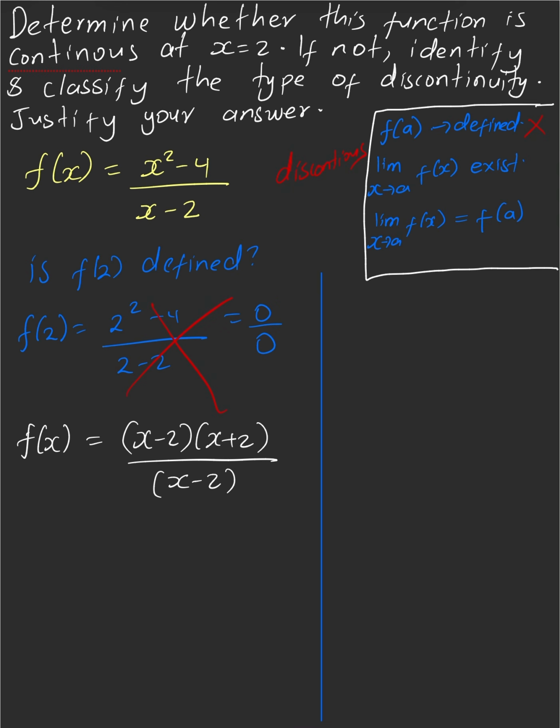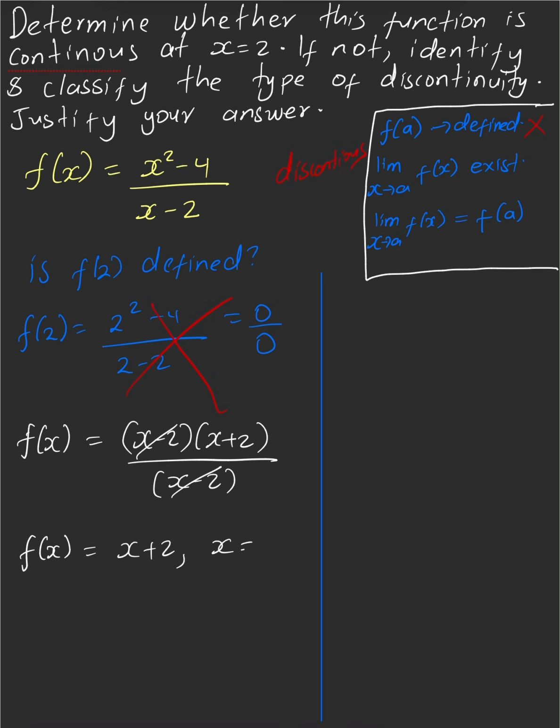The x minus 2 factors cancel. And this is valid specifically because in a limit, x is approaching 2 and never equal to 2. It's about the journey, it's not about the destination. When dividing by 0, we're getting infinitely close to it. So if we cancel out the x minus 2's, we have f of x is x plus 2.